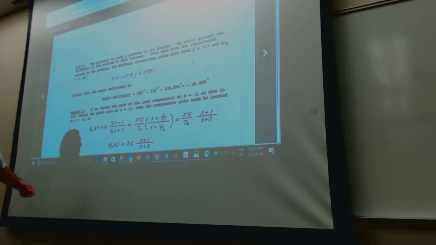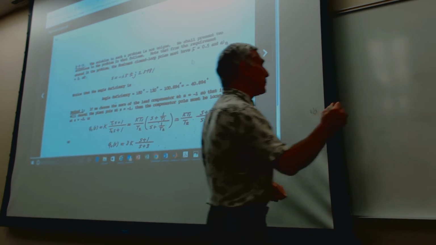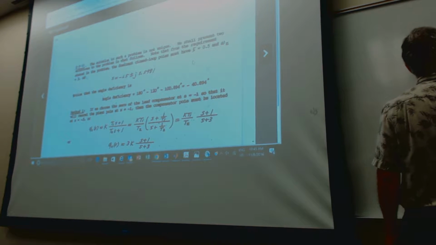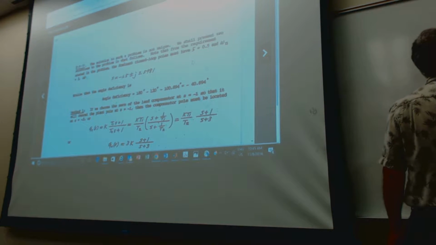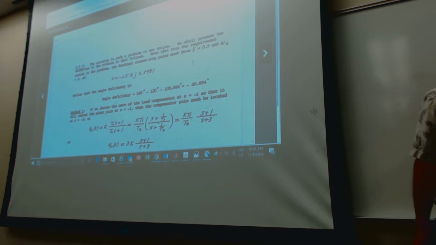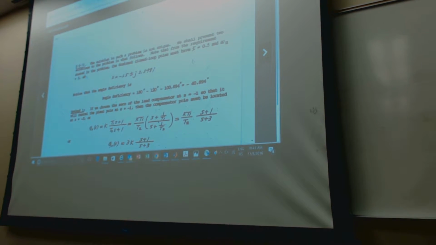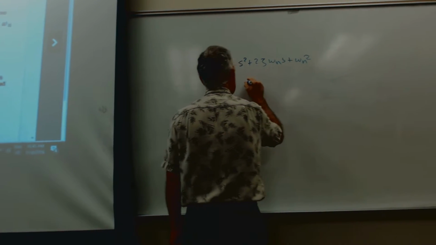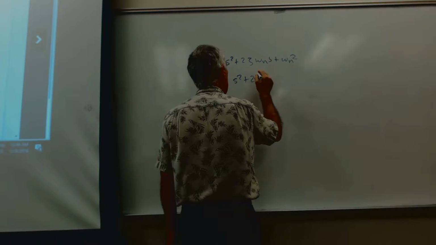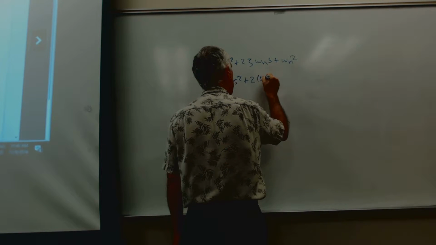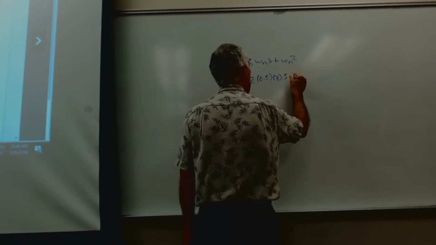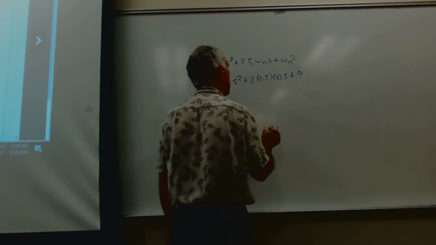For a second order system, the denominator is s squared plus 2 zeta omega n s plus omega n squared. With zeta equal to 0.5 and omega n equal to 3, we get s squared plus 2 times 0.5 times 3 s plus 3 squared, which is 9.